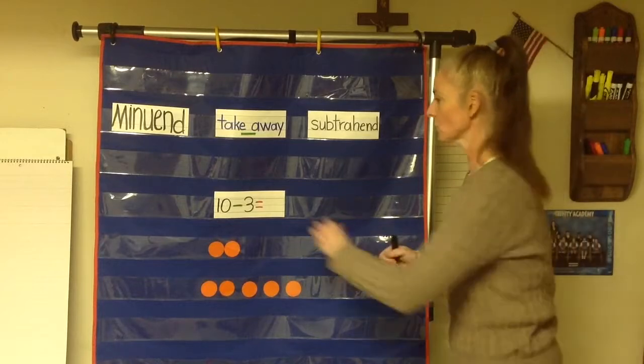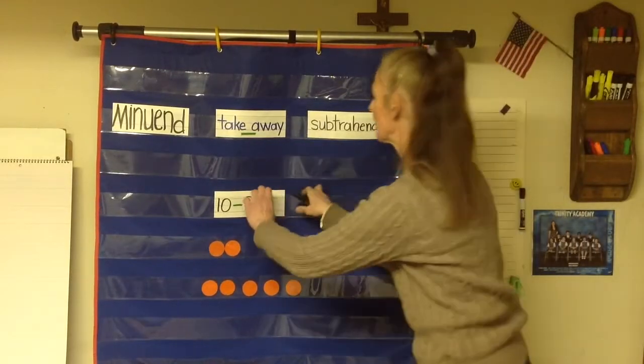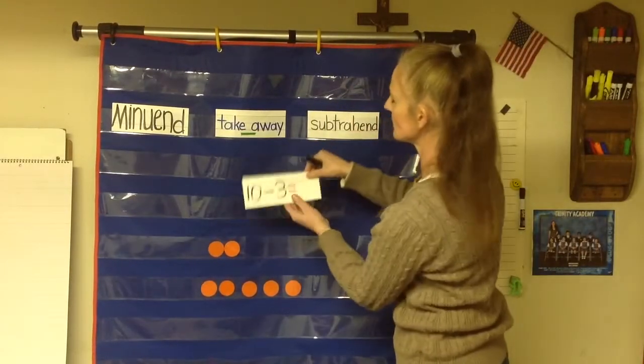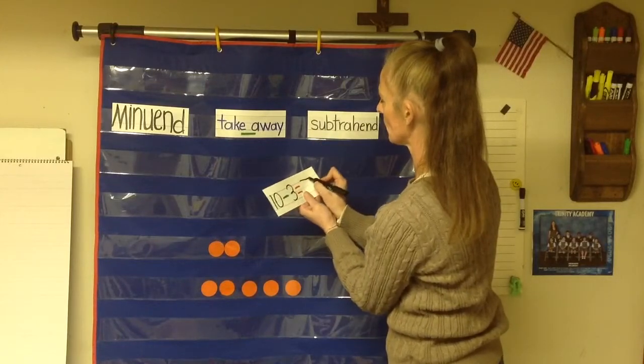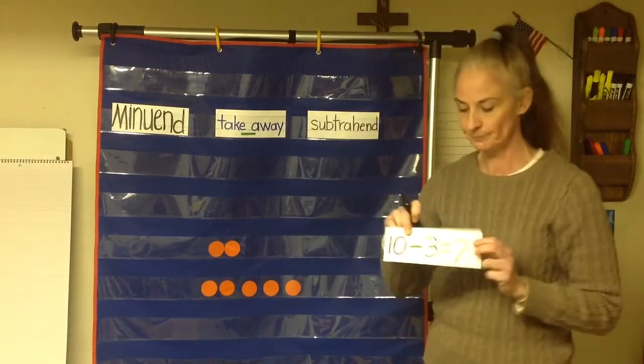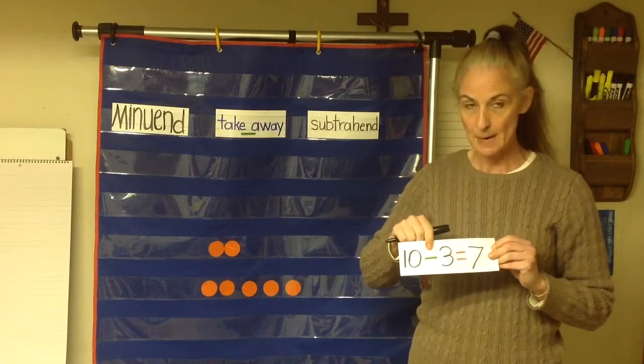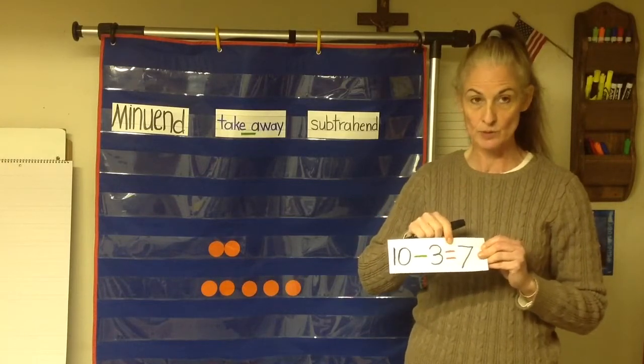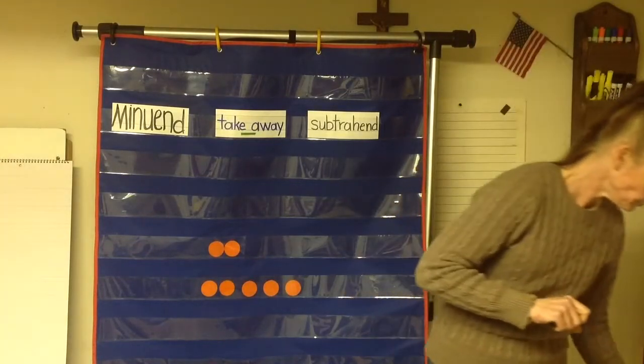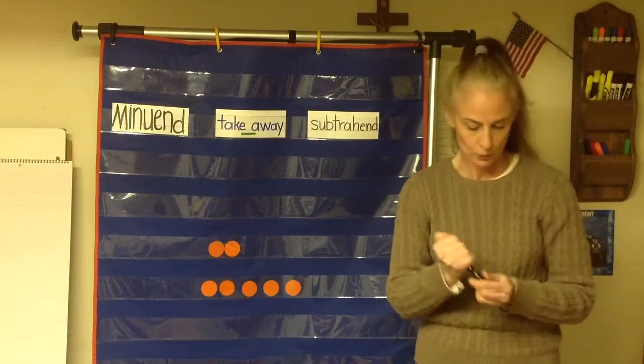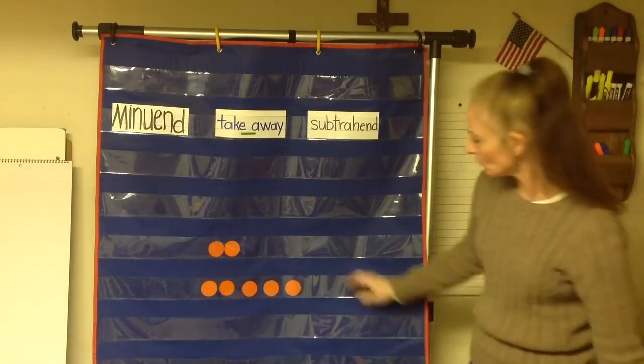So after your equal sign, you will write 7 to finish your number sentence. Let's read it. 10 minus 3 equals 7. Okay, erase your board. Clear your board.